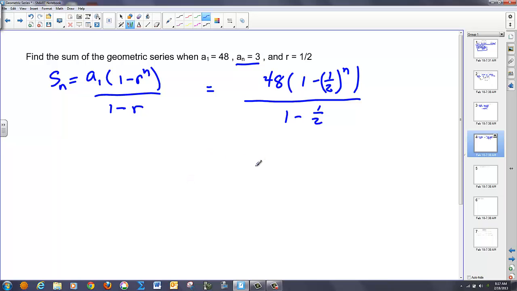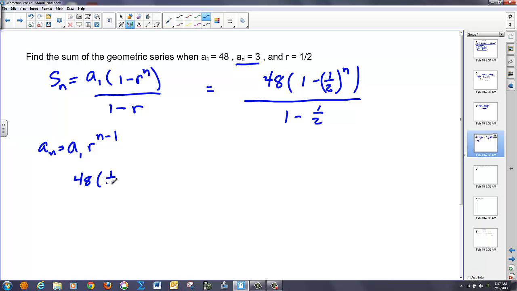Well, I know this is geometric. I know it's my ratio. And I can use my explicit formula of a sub n equals a1 times r to the n minus 1 for a geometric sequence to find the value of n. So we'll start with a 48.